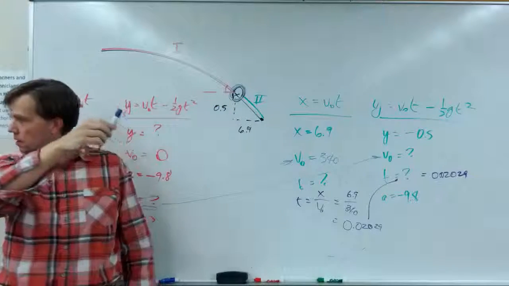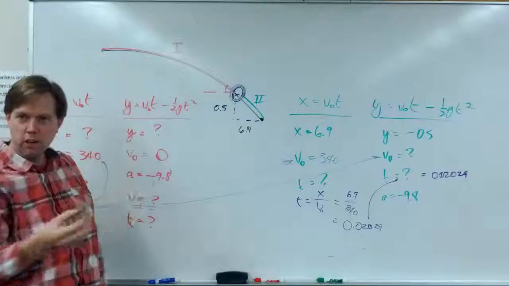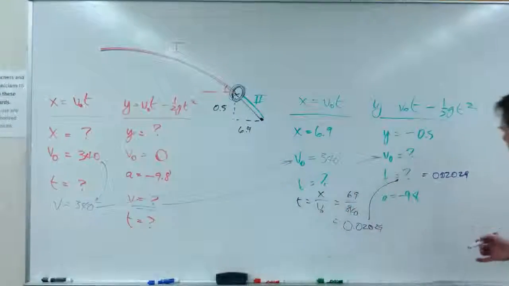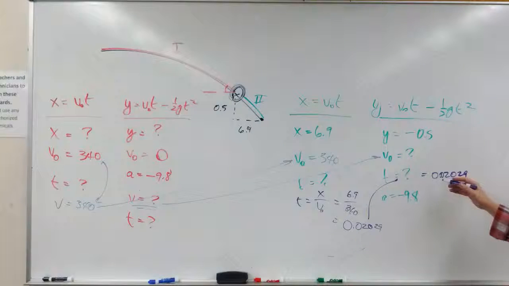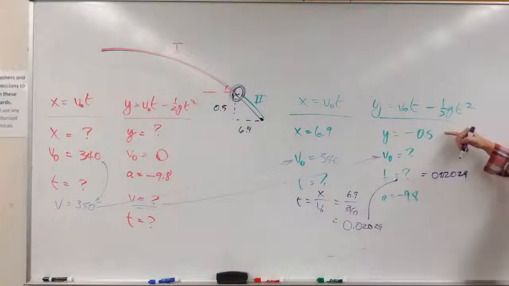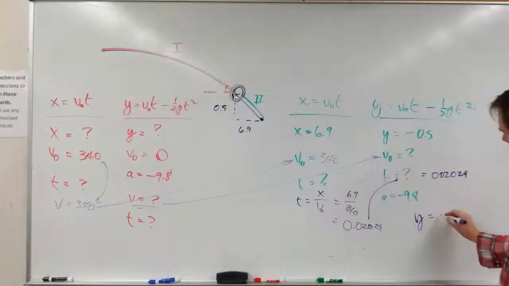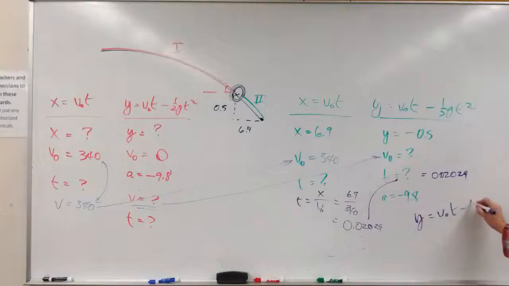Clearly, we're making an unrealistic assumption that the bullet doesn't slow down at all through the window. But it's going fast enough that it's probably not too radically wrong. All right, so given y, v, t, and a, I'm going to use y = v0t + 1/2 at squared, that formula.